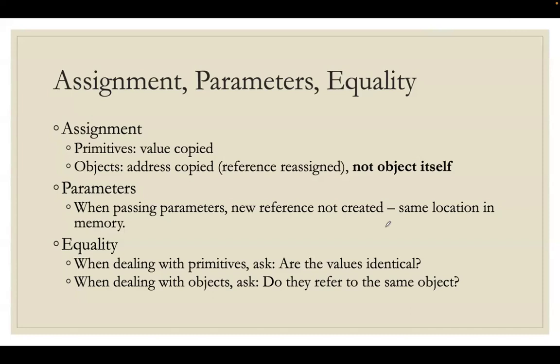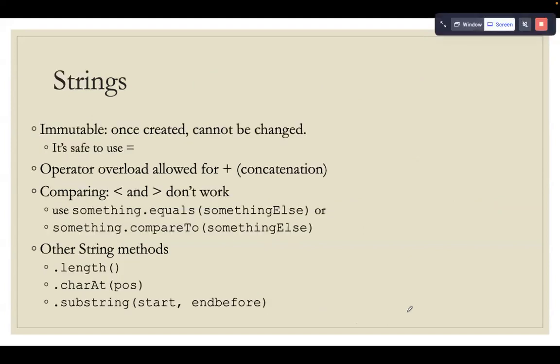It's at the same location in memory. We'll do some testing with that. For equality, when you're dealing with primitives, if we test x equals y, it asks, are these values identical? But when we're dealing with objects, x equals y asks, do they refer to the same location in memory? Any questions before we move on?